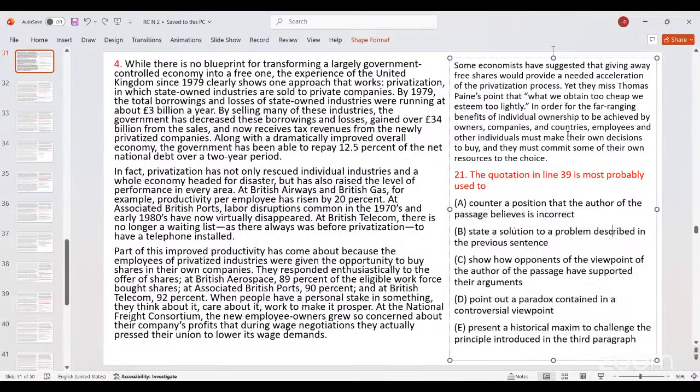Some economists, yet they miss Thomas Paine's point. This one, yet means counter. Yet, opposite, that is called counter, and that is A. Got it? Aditya, did you get it? Chaitanya?